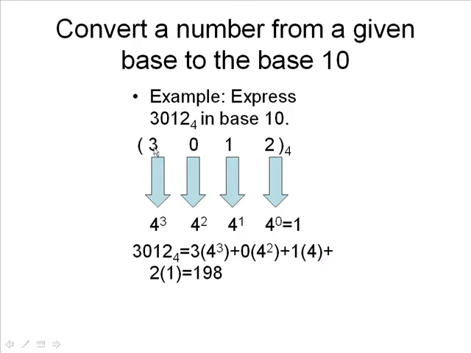So 3 times 4 cubed plus 0 times 4 squared plus 1 times 4 plus 2 times 1. We add them together. 198 will be the equivalent number in base 10.